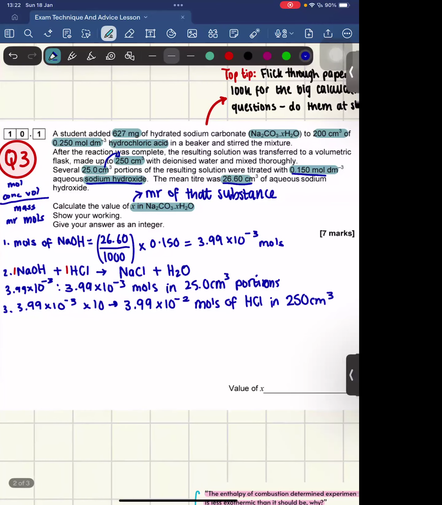So this is how many moles I had left after I reacted it with my initial hydrated sodium carbonate. So those two reacted, I had a little bit left over, and now we've found out how much I had left over.